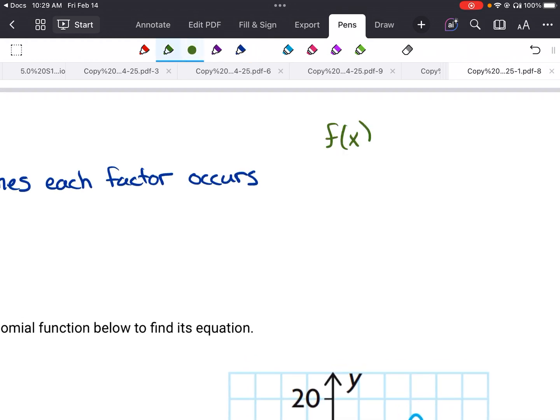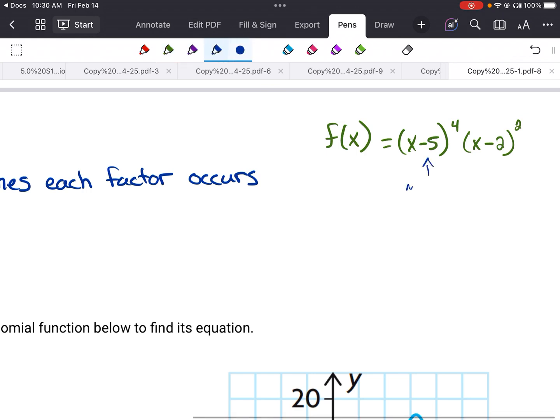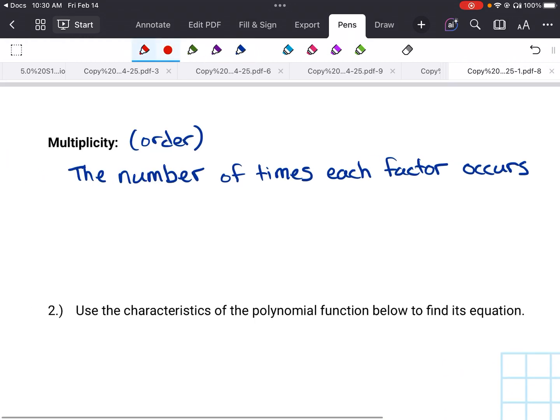So for example, we have f(x) equals (x - 5)^4 (x - 2)^2. This factor of 5 has a multiplicity of 4 because of the exponent 4, and this factor of 2 has a multiplicity of 2 because of the exponent 2.